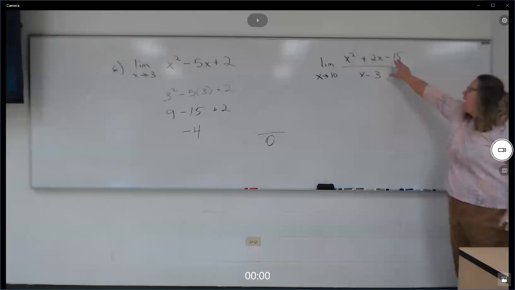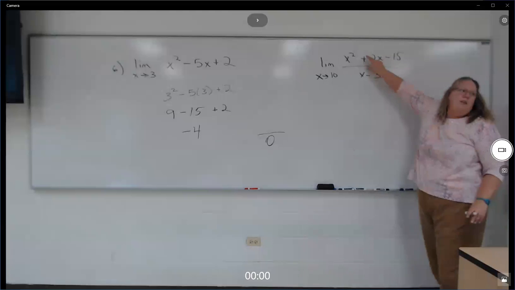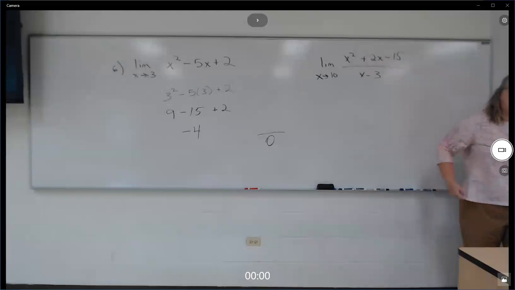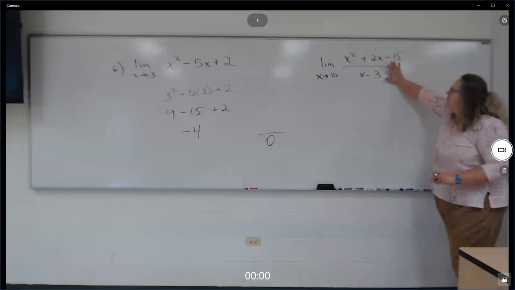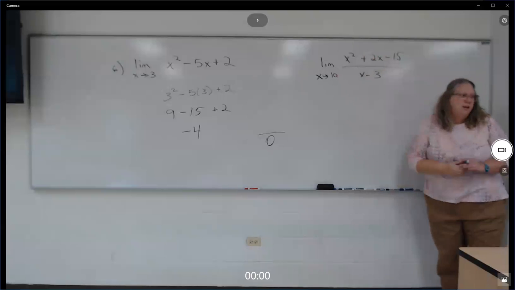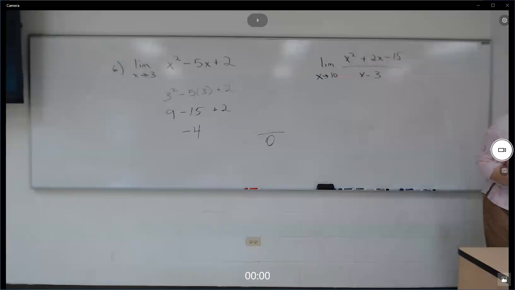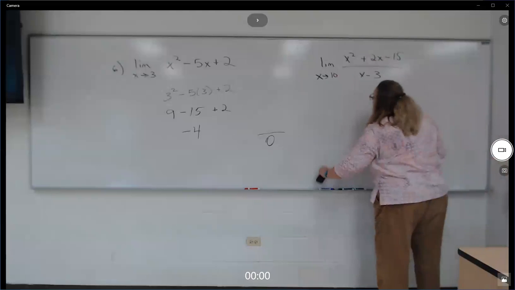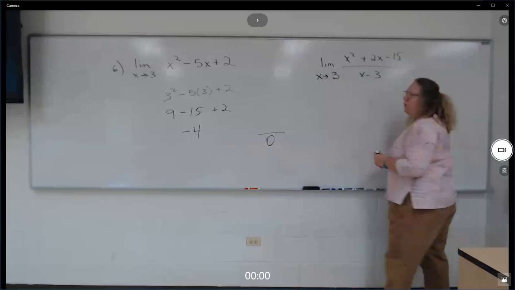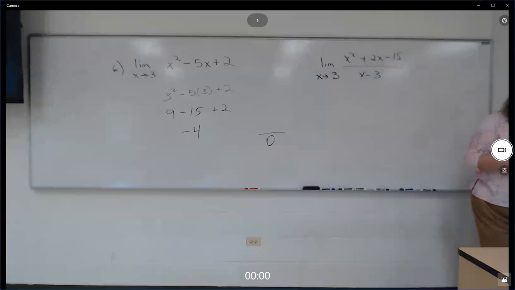There are a lot of continuous parts on this graph. It's just at 3 that there's the hole. So I can trick you. That's not on the final, but keep in mind, if it's continuous around this value, you're plugging it in and getting an answer. The harder ones, the ones you have to work for, and that's why they give them to you most of the time, are when there's that hole, when that bottom is 0.